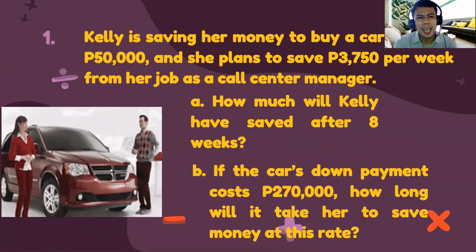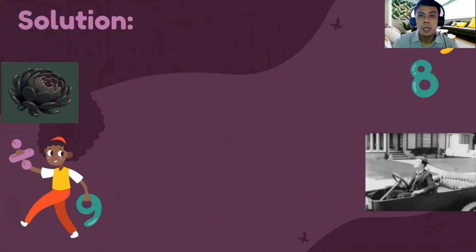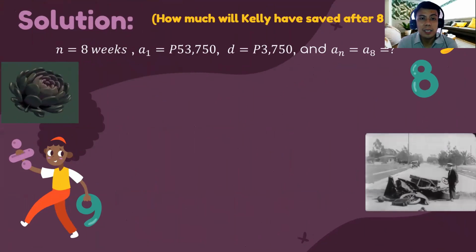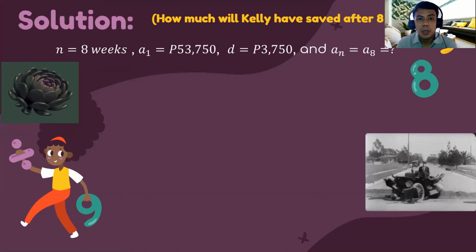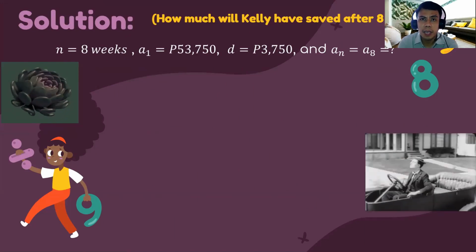How much will Kelly have saved after 8 weeks? Now, let's try to identify first the given. Okay, here, n is equal to 8 weeks. A sub 1 is 53,750. Why 53,750?